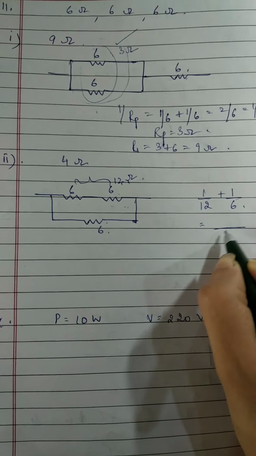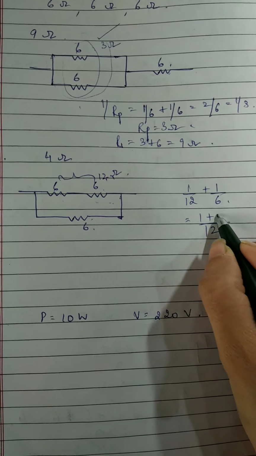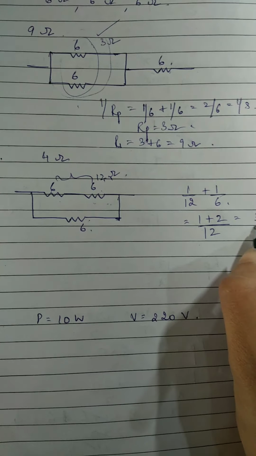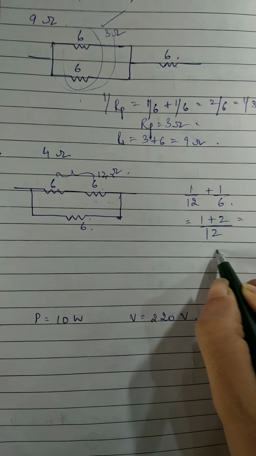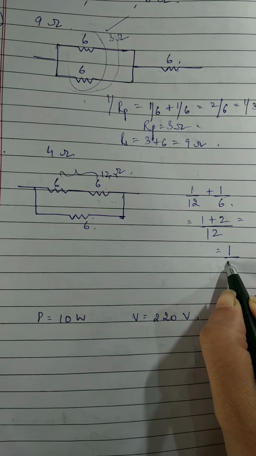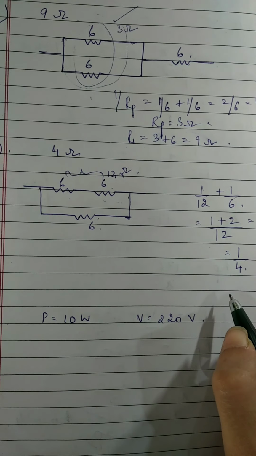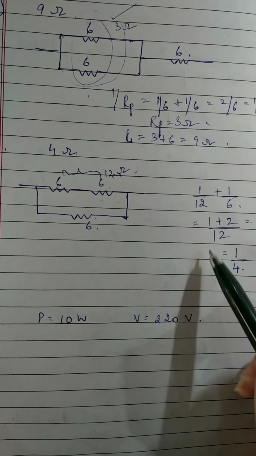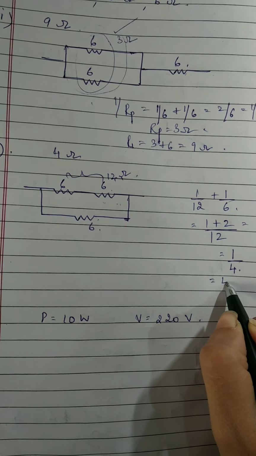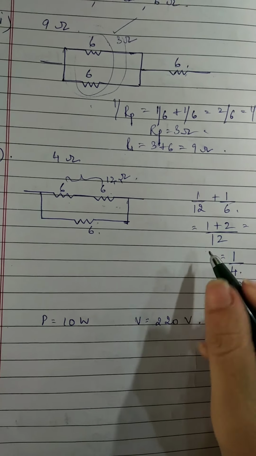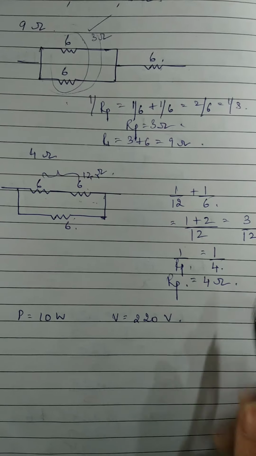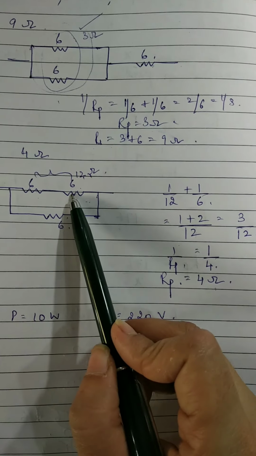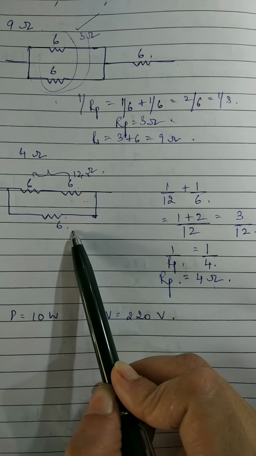So this is 12, 1 plus 2, so that's 3 by 12. So Rp is 4 ohm. We can get 4 ohm by connecting two resistors in series and the third one in parallel.